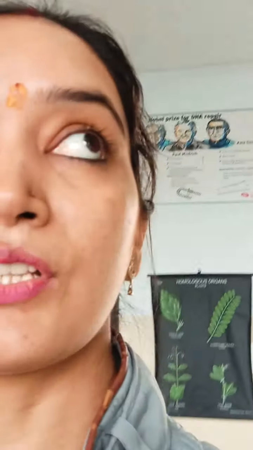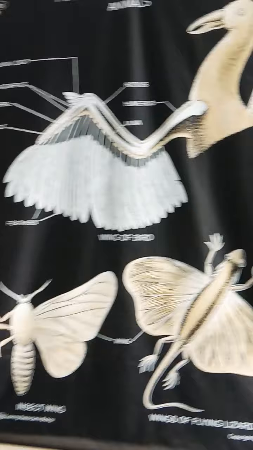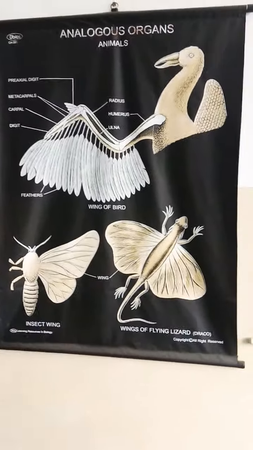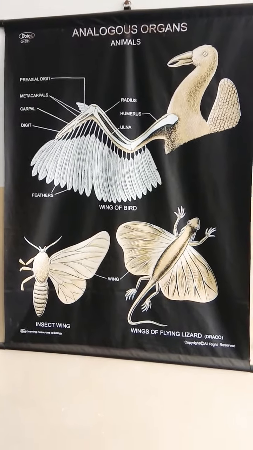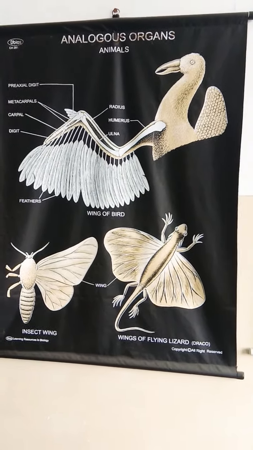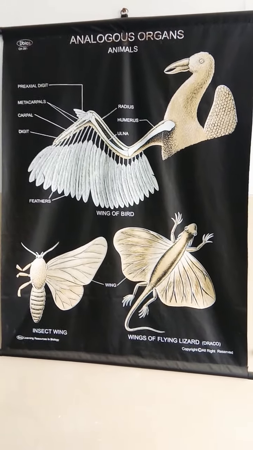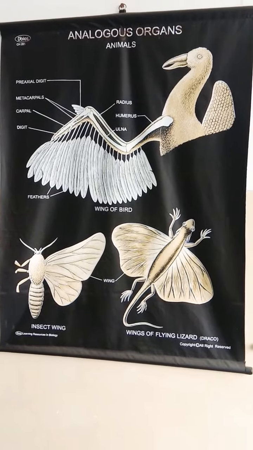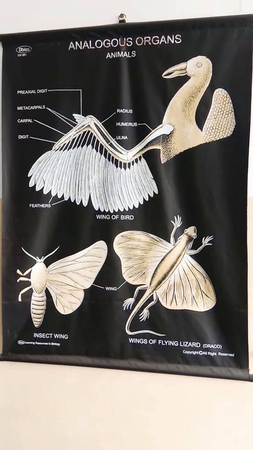Alright, now I am coming to analogous organs in case of animals. Analogous organs, you can see here in the diagram. Yes, the organs that have same function but different structure are called analogous organs. You can see in first diagram wing of bird, in second diagram wing of insect, in third wing of flying lizard, that is Draco.